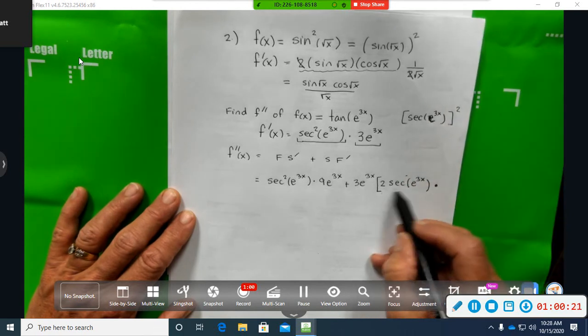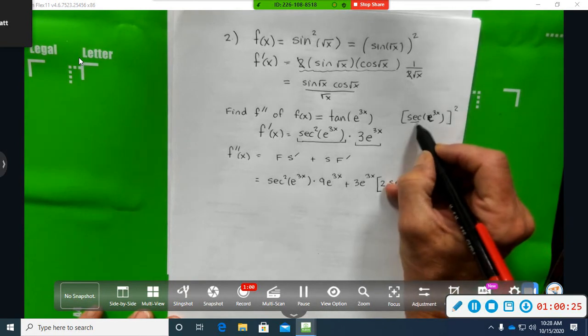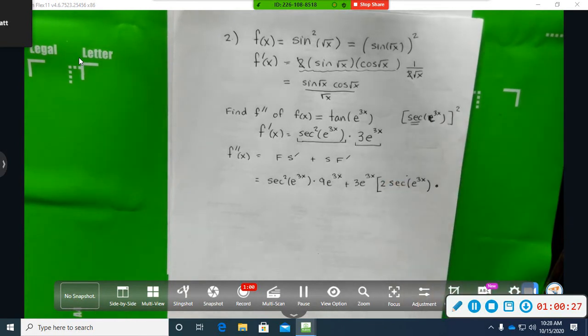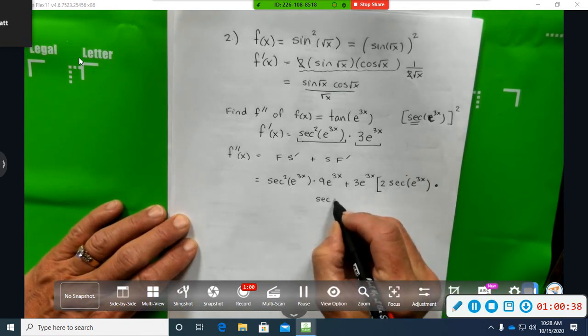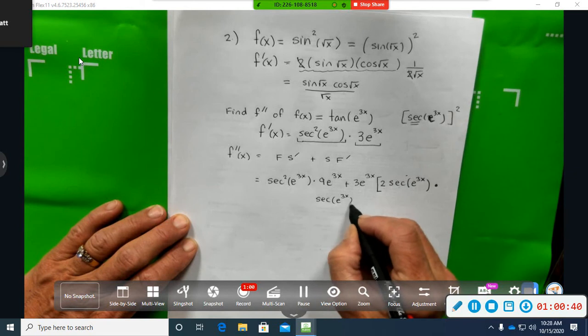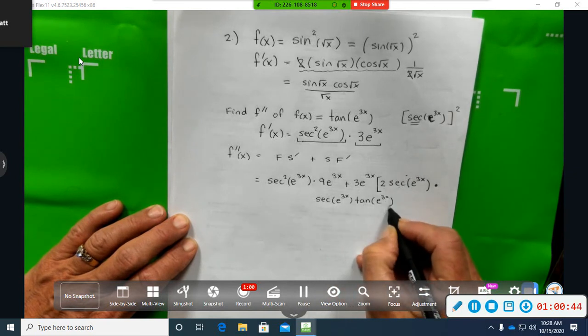So there's the power down, there's e to the 3x, the first power. Now in here, I take the derivative of the secant. What's the derivative of a secant? Secant of the angle times the tangent of the angle. So this is going to be the secant of e to the 3x times the tangent of e to the 3x.